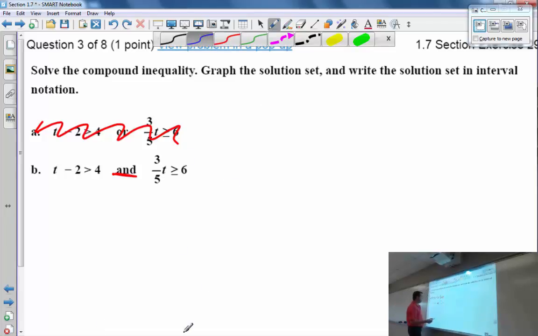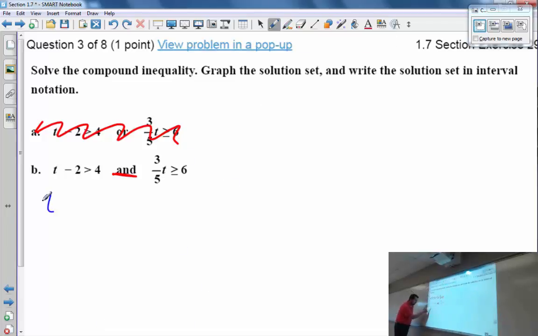Let's go with this guy first. T minus 2. Oh, they're the same. We don't have to solve them. Come on. Yeah. They are the same. I didn't notice that. They are the same, so we can use those 2 solutions earlier.